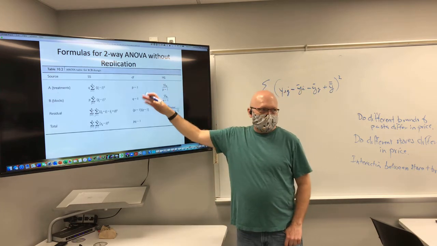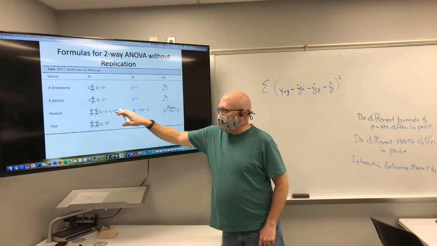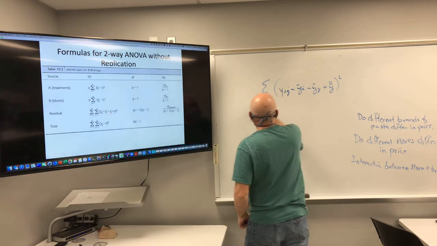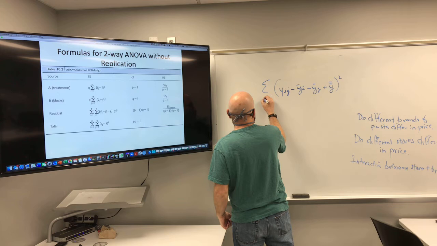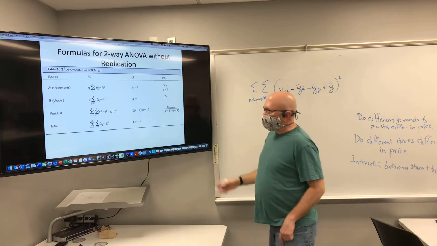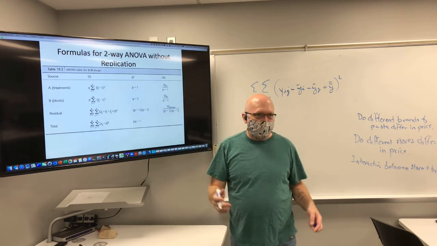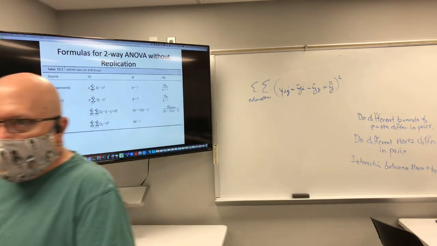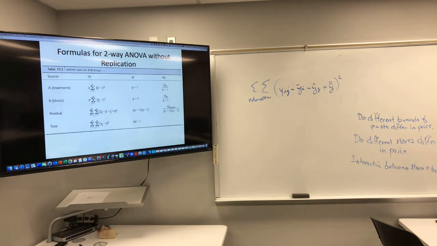summed up across all of the values, or summed up across all of the rows and summed across all of the columns. And then that all added up is how you get the residual value. All the other things are just the same. We can create row means, we can create column means.